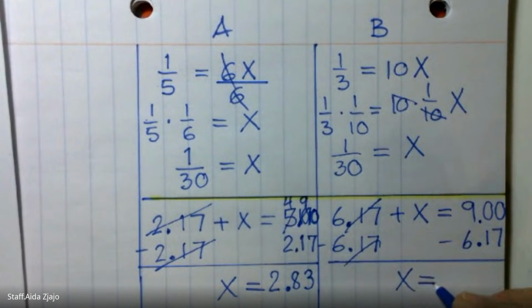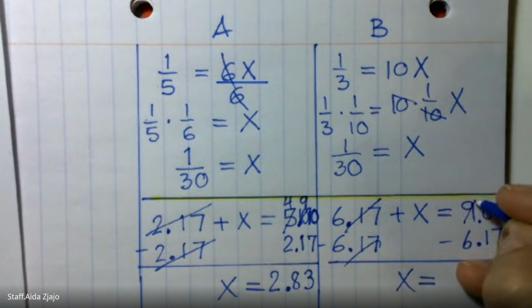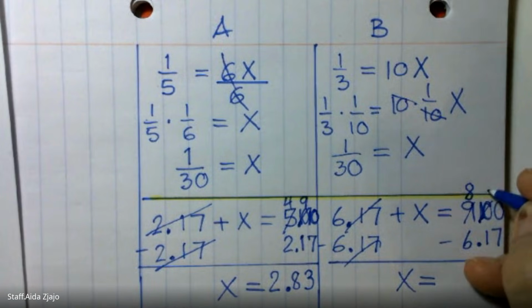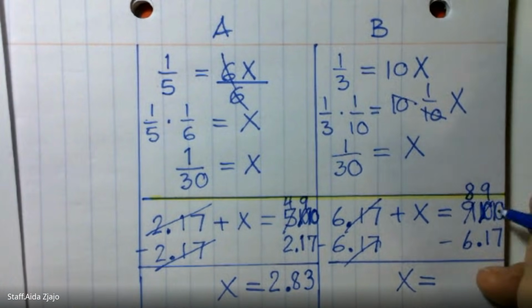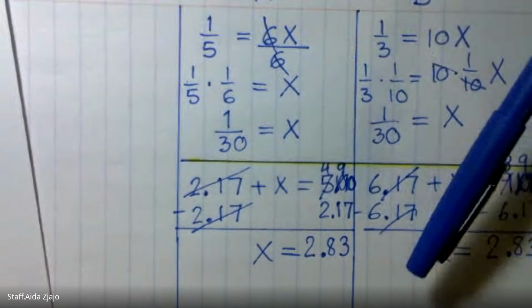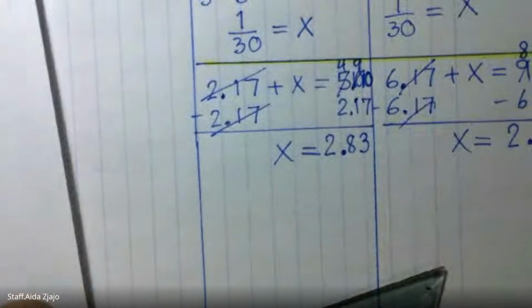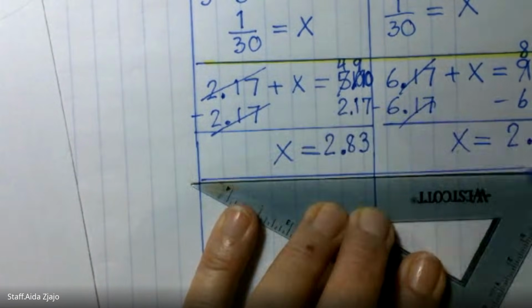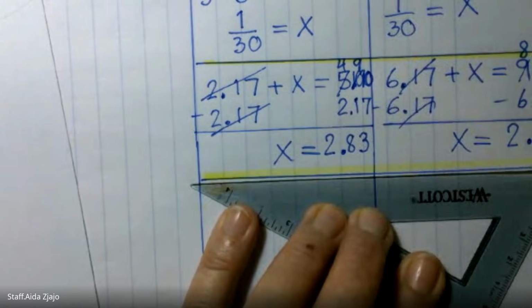X equals... can't subtract, have to regroup, make this 10, regroup again. 10 minus 7 is 3, 9 minus 1 is 8, and 8 minus 6 is 2. So the answer is 2 and 8300. Okay, next. That was right.